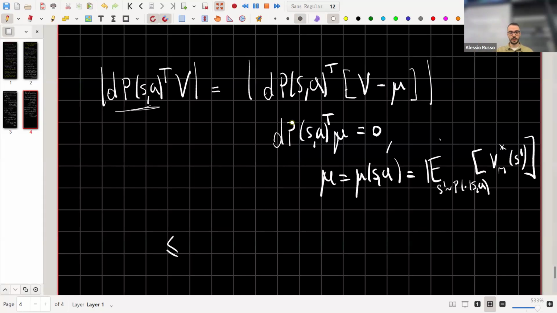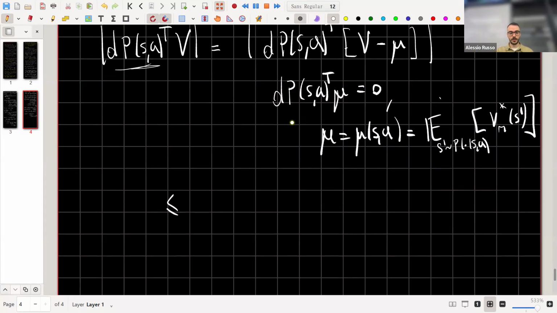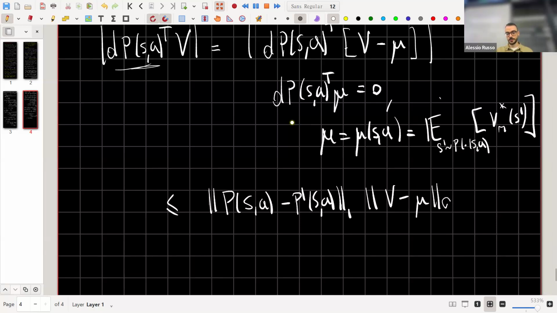So we're simply going to apply Holder's inequality in this way. We will get the difference in the L1 norm between P and P prime times the infinity norm of V minus mu.